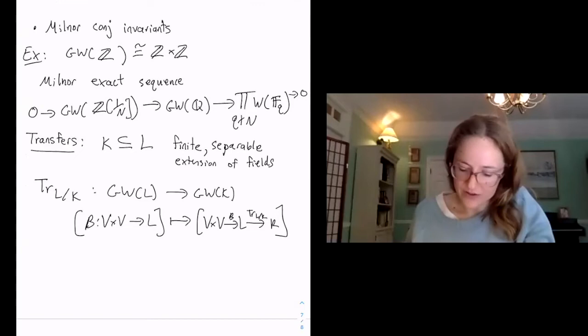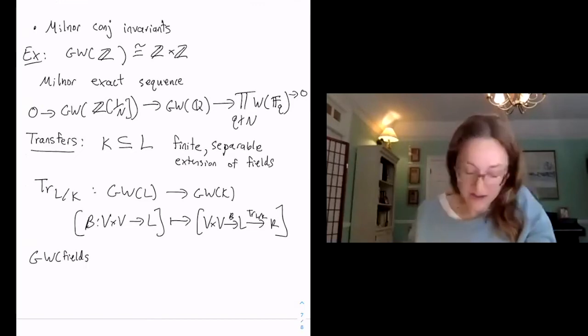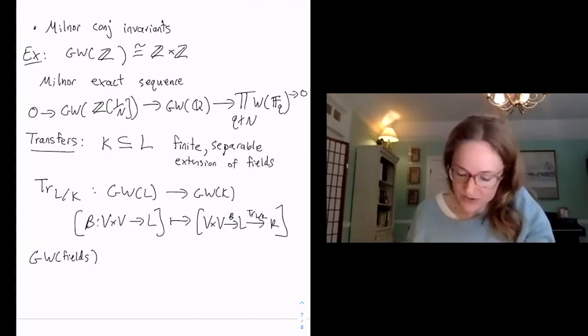So the GW of fields pieces together to make an unramified sheaf by a procedure in Morel's A1 algebraic topology.